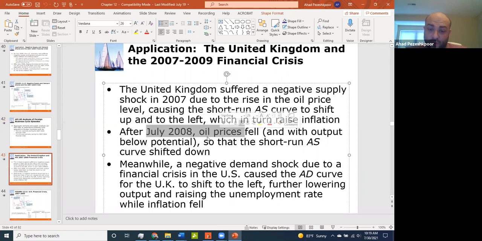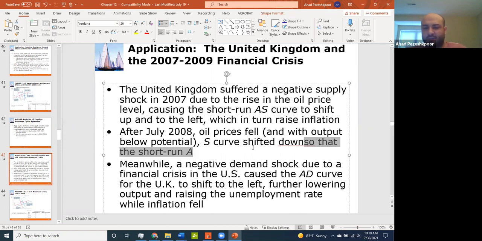After 2008, oil prices fell. So the supply side was rescued. The short-run aggregate supply moved back to the right, shifted down, in other words.